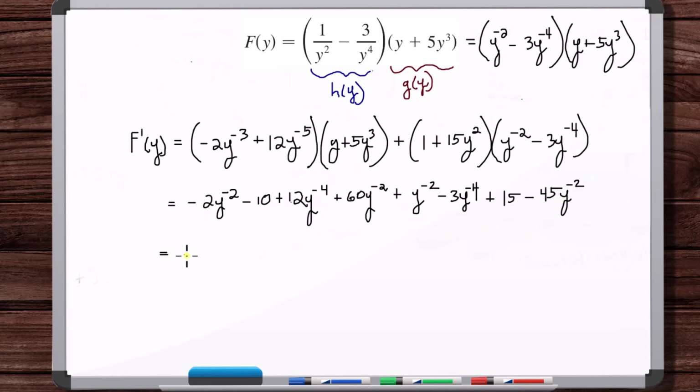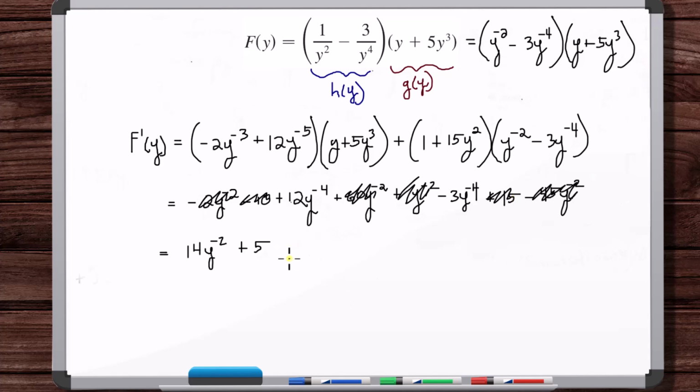Okay, now let's combine like terms. So we have the y to the minus 2's. We've got minus 2 plus 60 is 58, plus 1 is 59, and then 59 minus 45 is 14. Okay. All right, minus 10 plus 15 is 5.